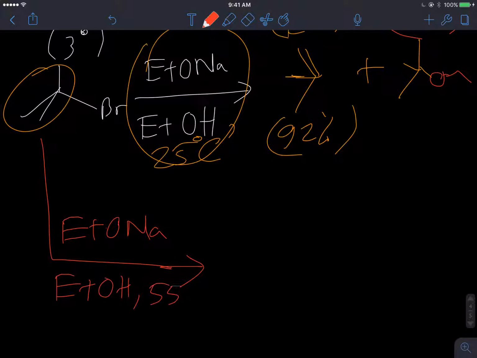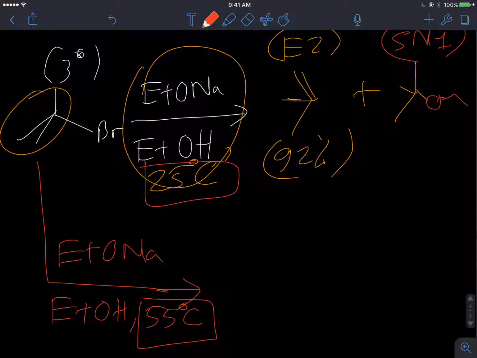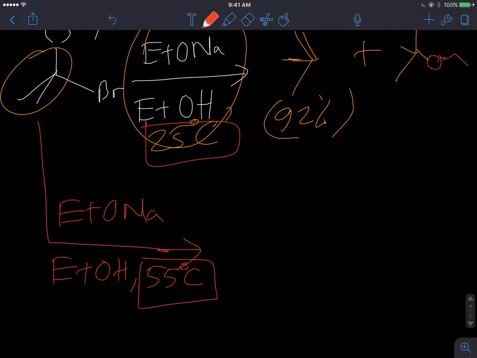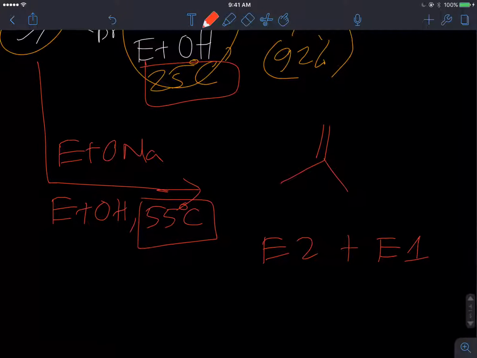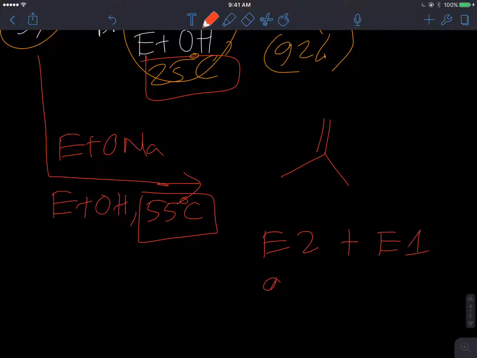I put 55 Celsius degrees, and so you see this is different. You still have E2, obviously, and also we're going to have E1 too, but not a lot. Like this one 92%, and this one 8%.